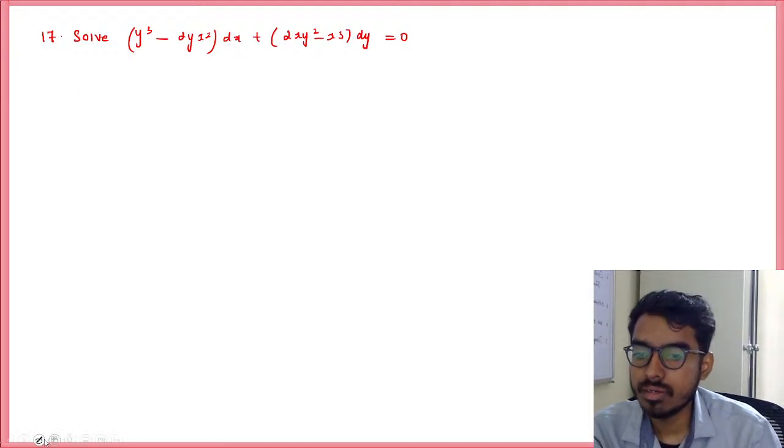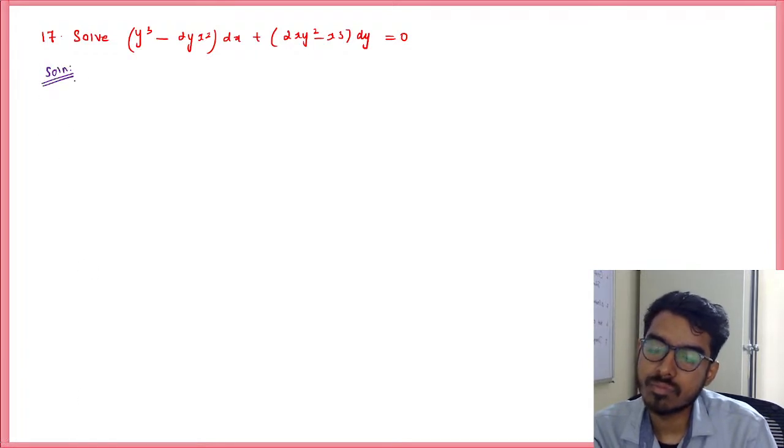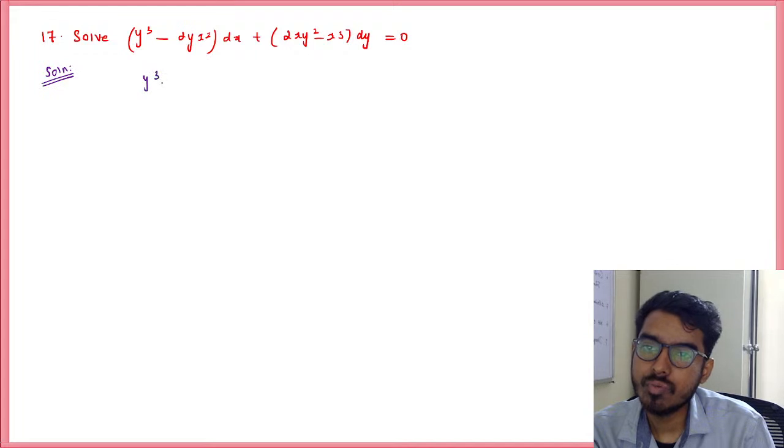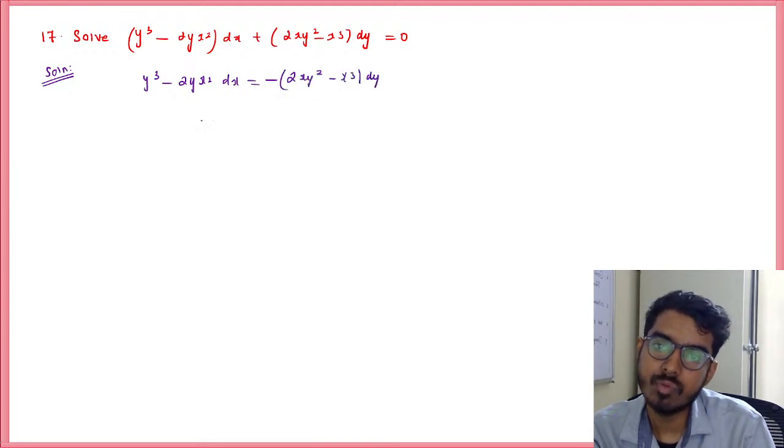Separate the variables, right? So we have y cube minus 2yx square dx equal to minus of 2xy square minus x cube dy.